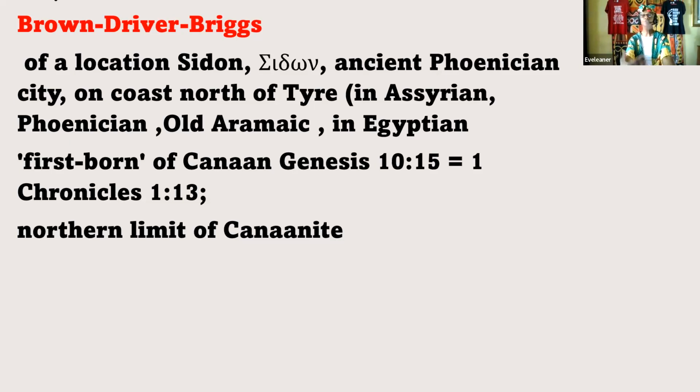He was the firstborn of Canaan. Remember, people always said that's why people of color, Black people, Africans, are cursed, because of the curse that was put on Ham. But actually, it was the portion that did, not that they were told it, because God even had it where a lot of his people were marrying Canaanite people. So at the end, it says northern limit of Canaanite.